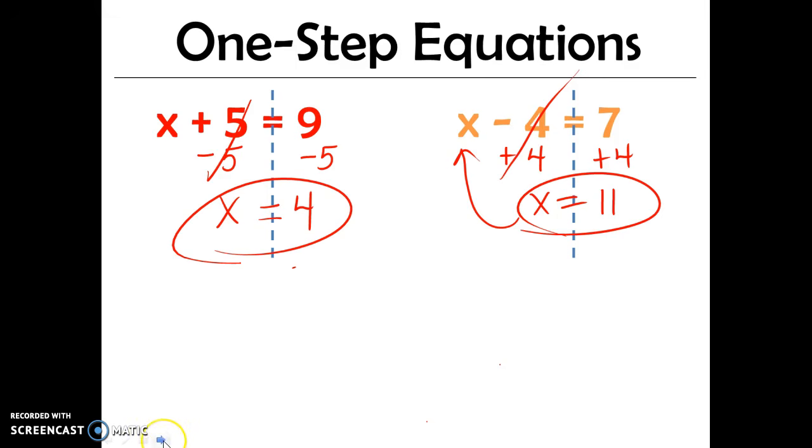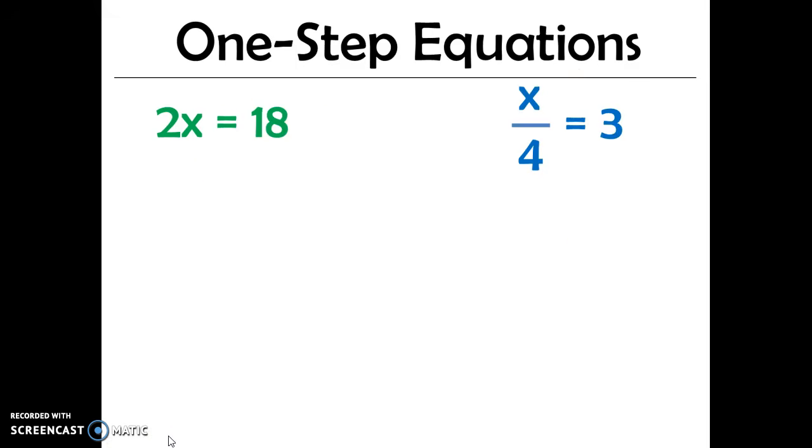Okay, so that is when we have addition and subtraction in one-step equations. The next ones are going to involve multiplication and division. So draw your line, and we've got 2x equals 18. Well, the 2 is being multiplied to the x. So to get rid of the 2, it wouldn't make sense to add 2 to both sides or to subtract 2 to both sides. I want to do the opposite operation.